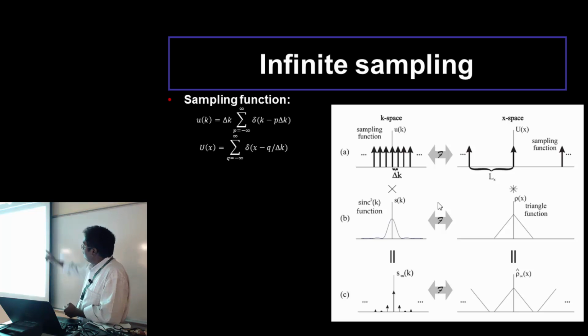So represent that visually. You have this in the image space, every 1 by delta k you have this impulse function repeated. The separation between these 2 impulses is 1 by delta k, which we're calling, let's say, Lx.